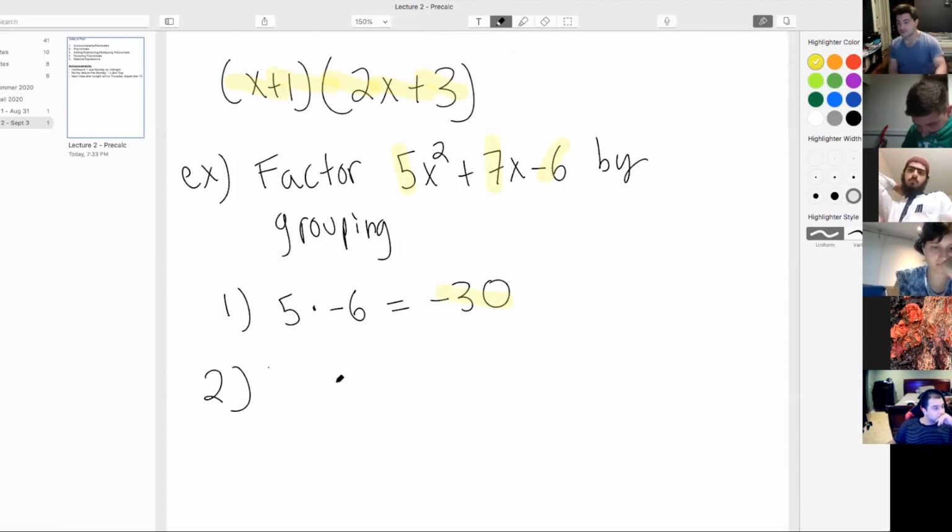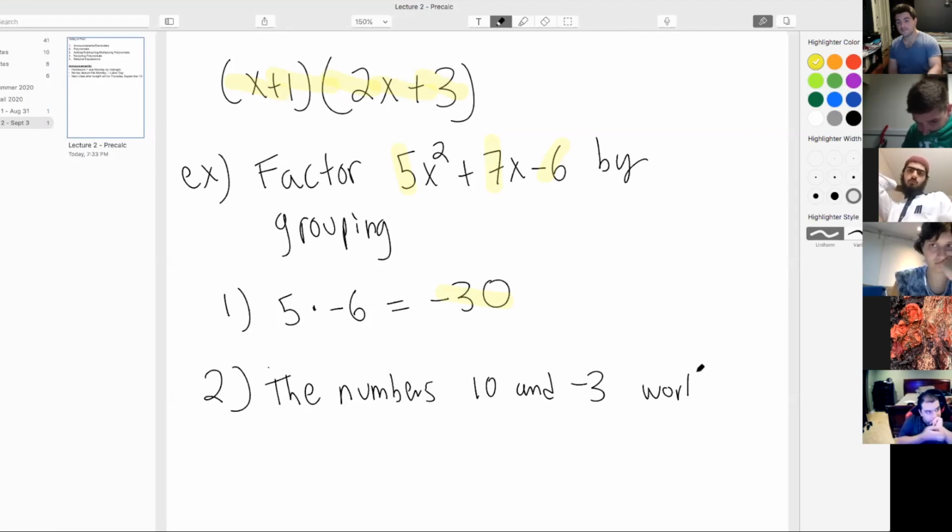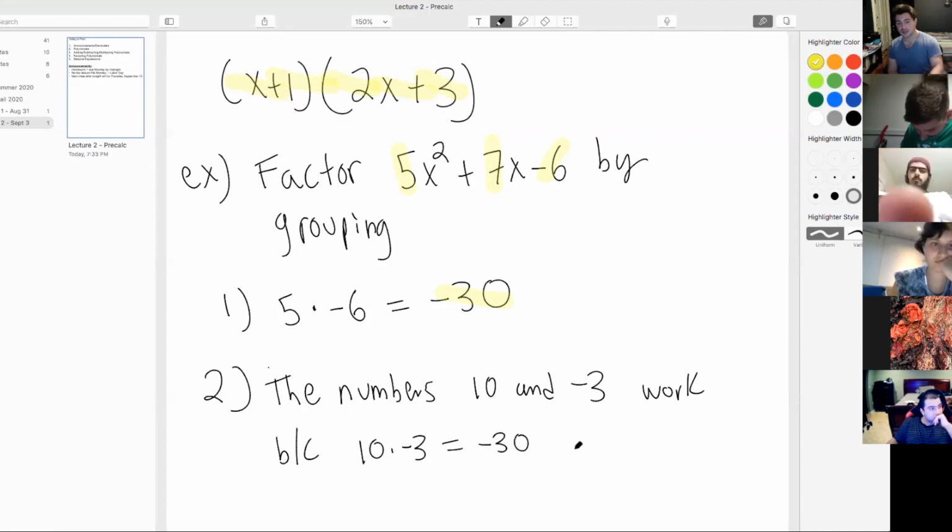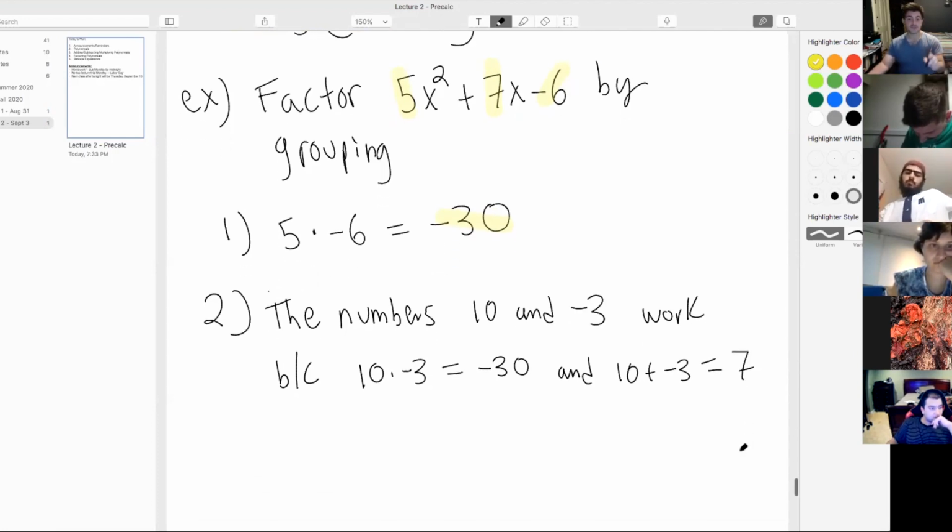All right. Two numbers that multiply to negative 30 and add to 7. And you know what numbers work? The numbers 10 and negative 3 work. Because 10 times negative 3 is negative 30, and 10 plus negative 3 is 7. So those are our special numbers.